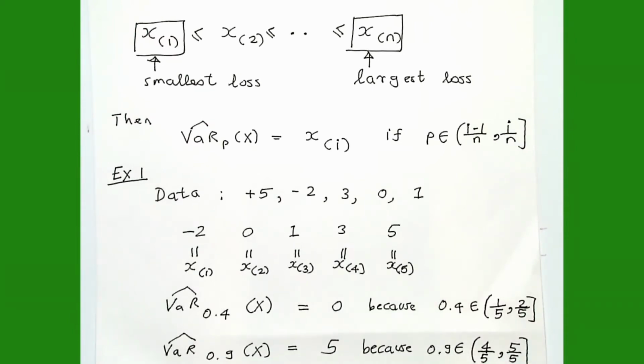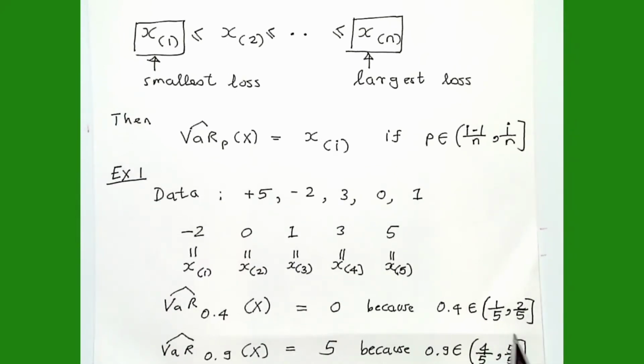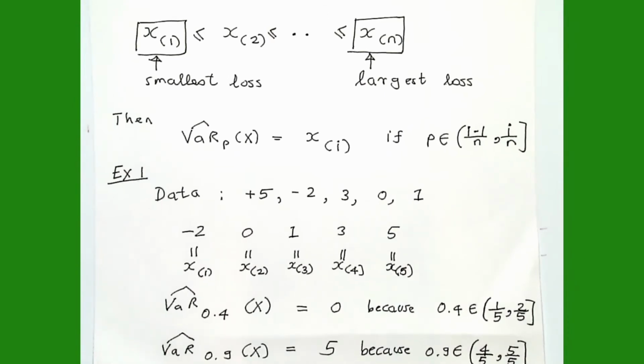So in this case your i is equal to 5, whereas in the previous case your i is equal to 2, so you pick the second smallest. Because i equals 5 here, you pick the largest, which is 5. All right, hope this is clear. So that's the first method, the historical method.